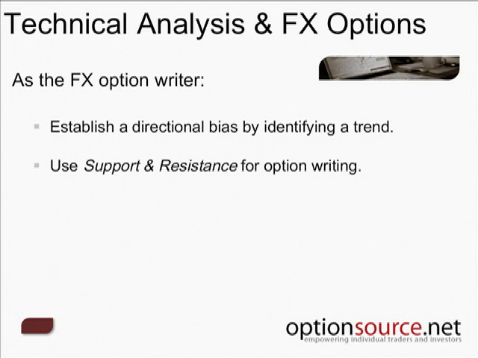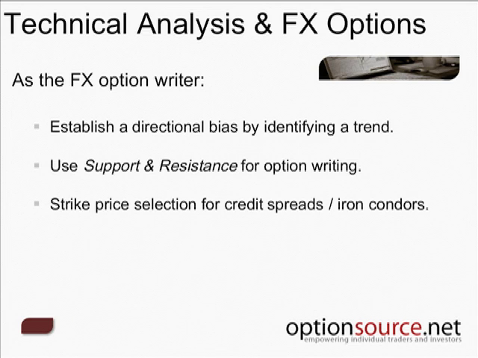Conversely, if we look at support levels that have been established and respected for quite some time, we may consider selling put options below that level, ultimately looking at those put options expiring as the pair value does not look to drop below that level.